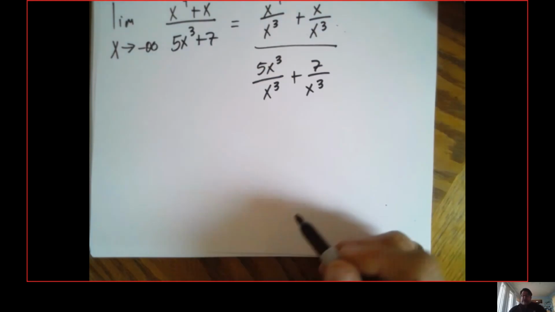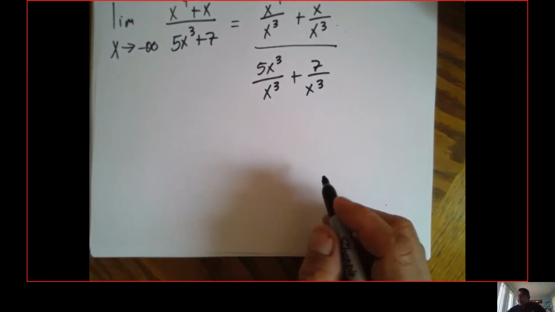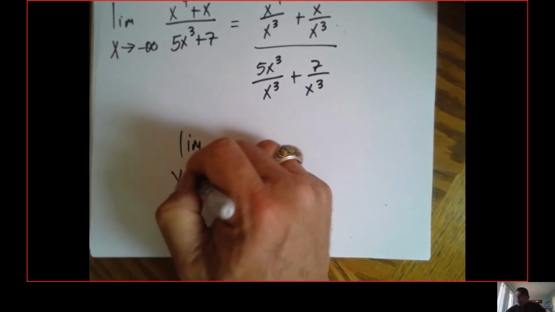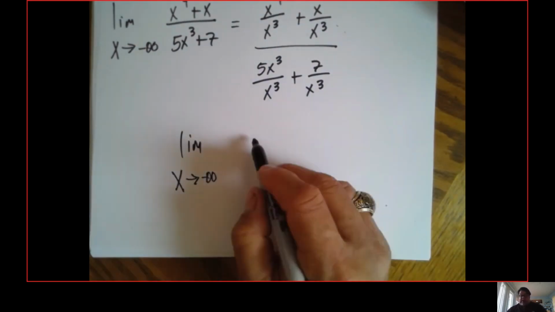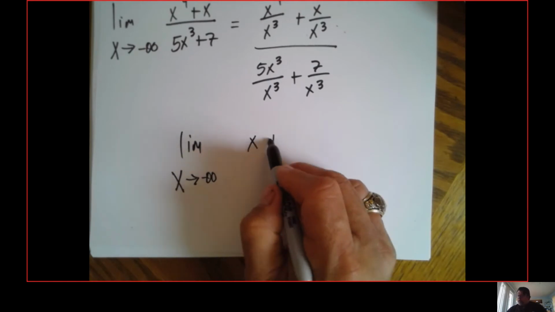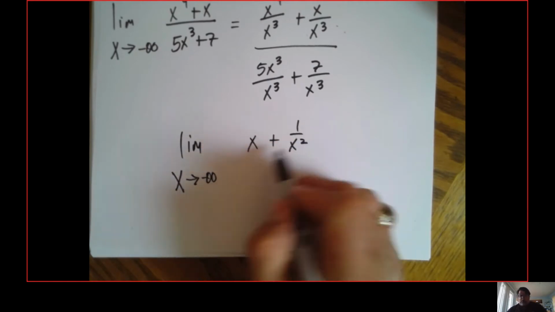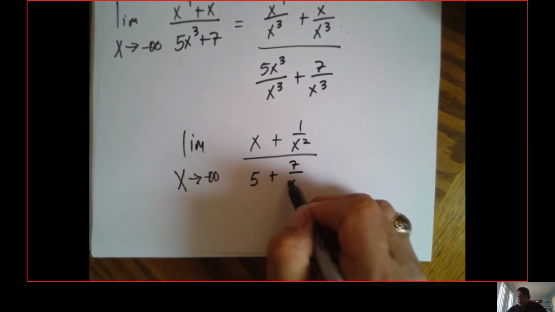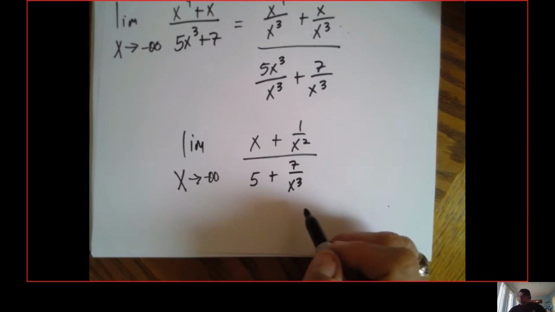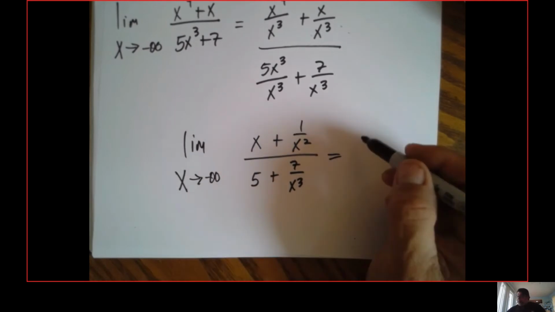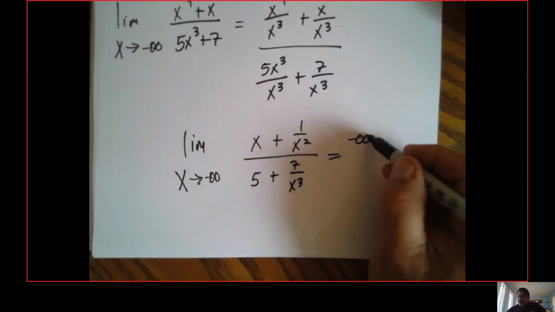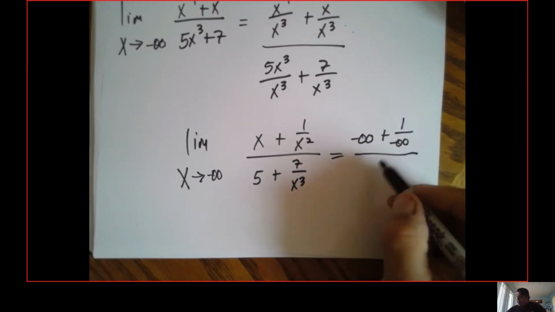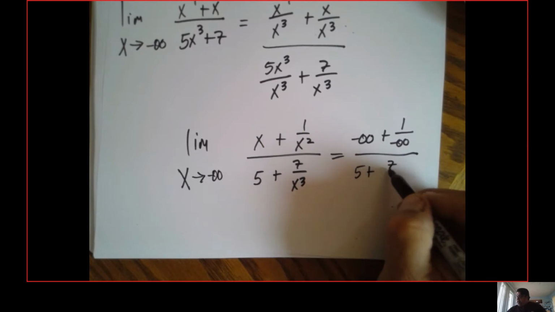And you plug and chug there, or simplify, you're going to get, I'll just write it down here, the limit as x approaches negative infinity of x plus 1 over x squared, over 5 plus 7 over x cubed. So if I plug in infinity, that's going to give me negative infinity plus 1 over negative infinity, over 5 plus 7 over negative infinity.